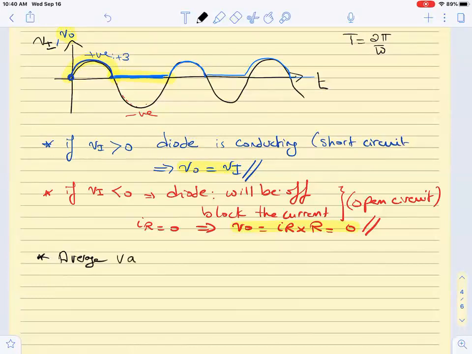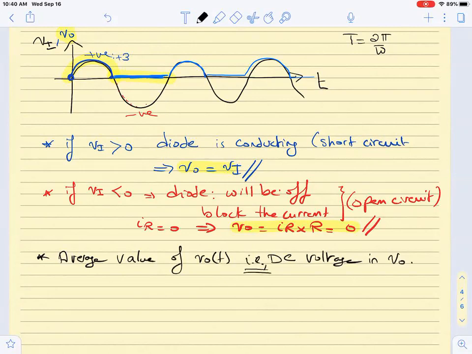So we want to solve for the average value of VO of T, and this represents the DC voltage in VO. Meaning VO started to have a DC or average quantity. Okay, so when I calculate it, I'm looking for the DC voltage in the VO.